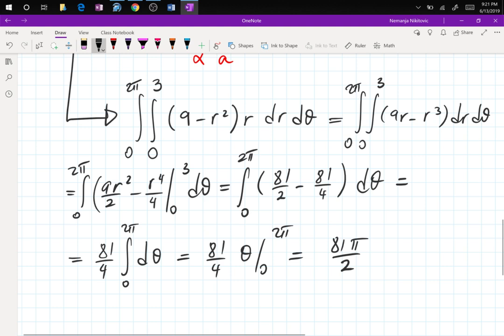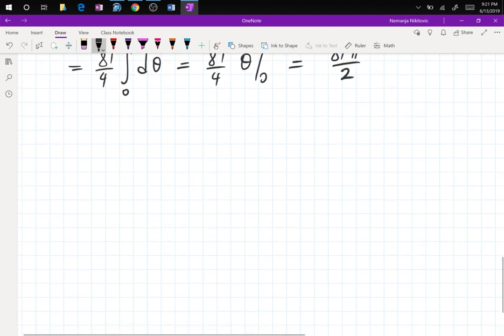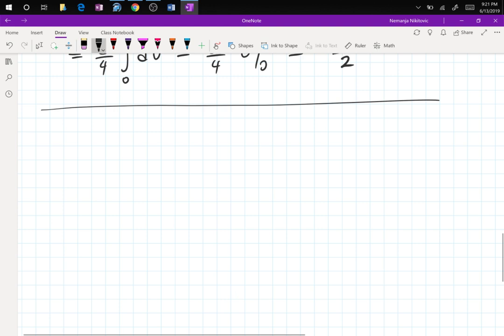And I'm going to work this one more time. So, if I have a full circle in a base going from, say, 0 to 5, and I can put the representative pizza slice here, d theta.